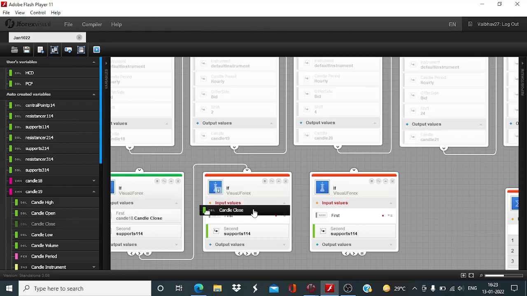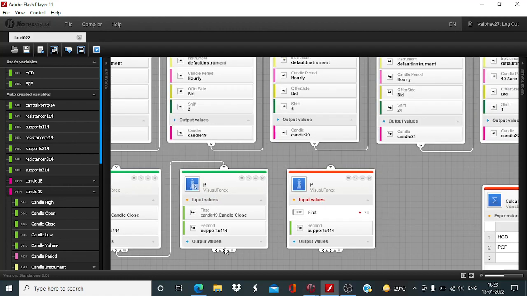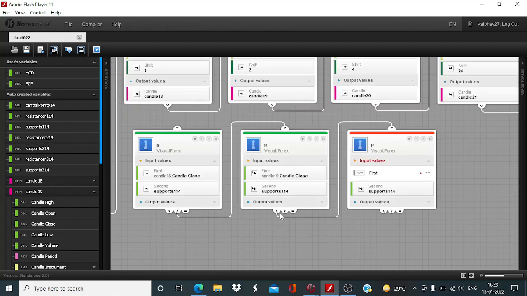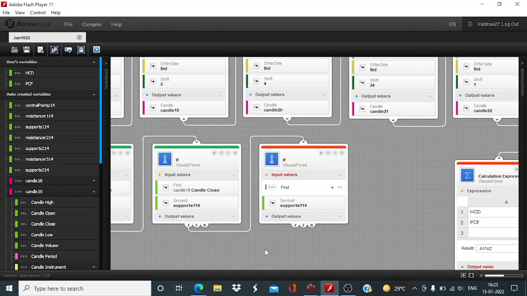So I take candle 19 candle close, and it should be first input less than second input. First input greater than second input, and in this case first input less than second input.